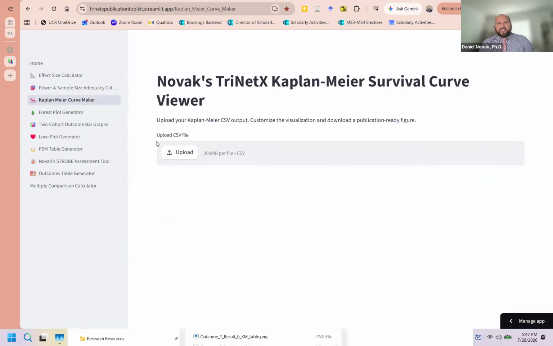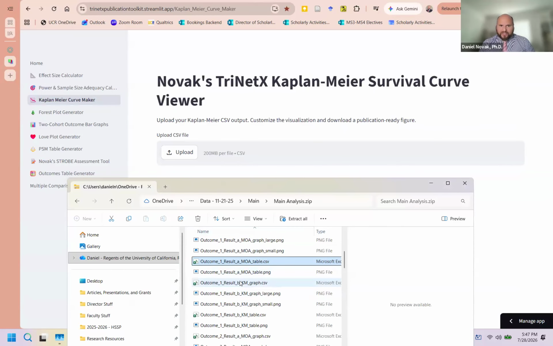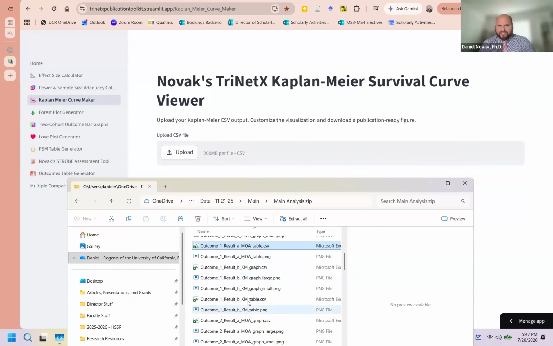I also want to call attention to the Kaplan-Meier survival curve developer that I made for you guys. Now, this should take your outcome result Kaplan-Meier graph data, I'm sorry, not your table data.